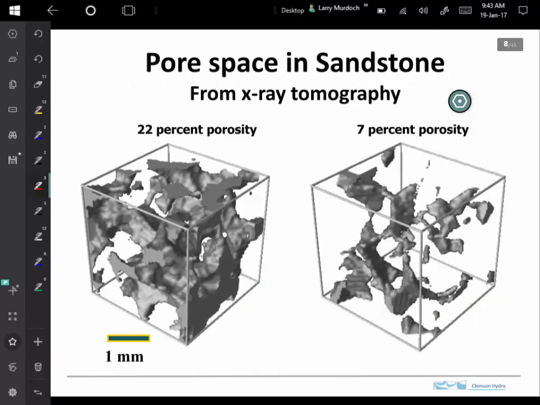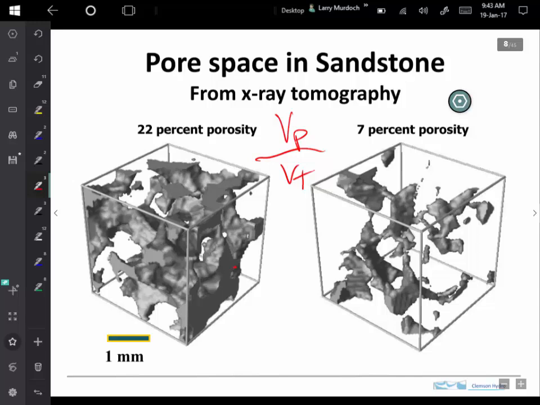So one of the things that's happened over the past 10 or 20 years is people have been using medical imaging techniques to take a look at what the pore structure actually looks like. So here are some pictures of some sandstones, and they have different amounts of porosity. Porosity is the ratio of the volume of the pores, which is what you're seeing here shaded, to the total volume.